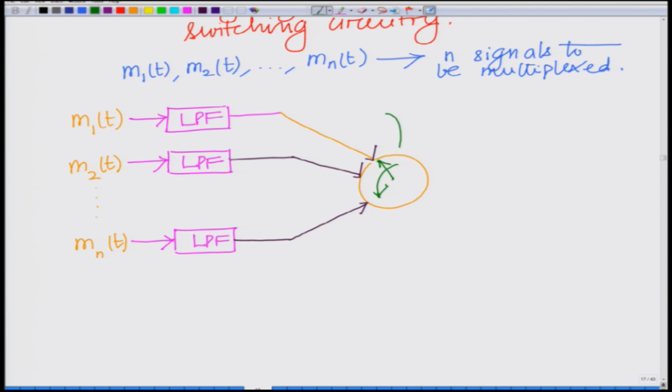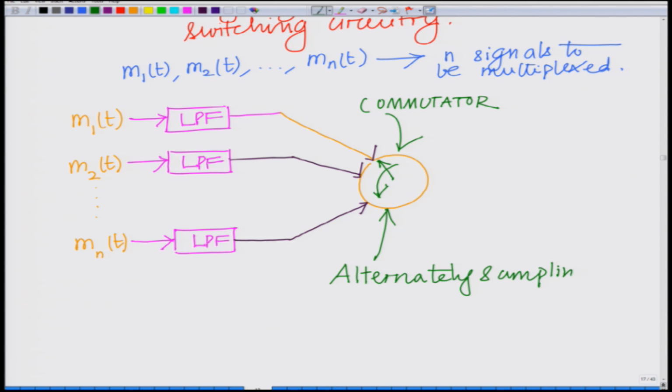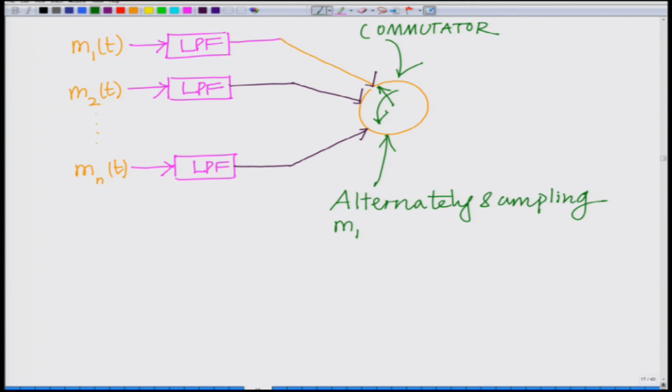So this is basically your commutator, which is alternately sampling m1(t), m2(t), and so on.